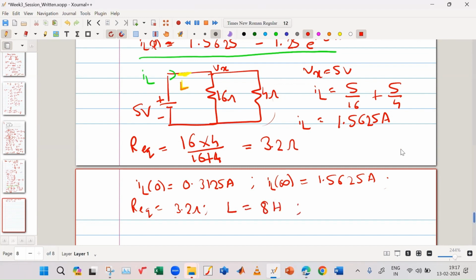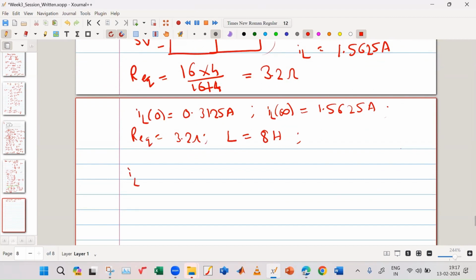So I can use this formula: IL of t is equal to IL of infinity plus IL of 0 minus IL of infinity, e raised to minus Rt by L. This is the shortcut formula.